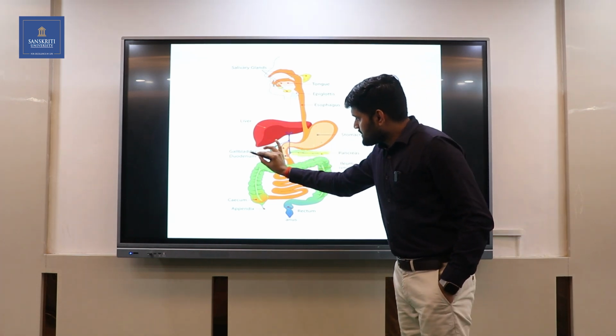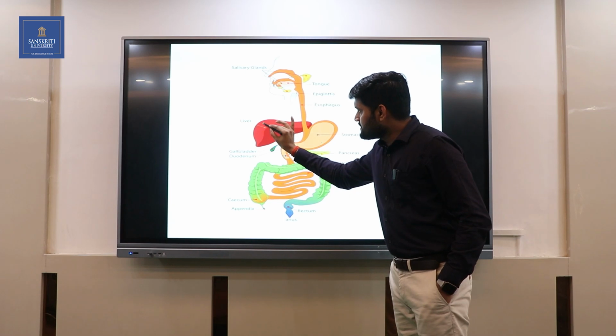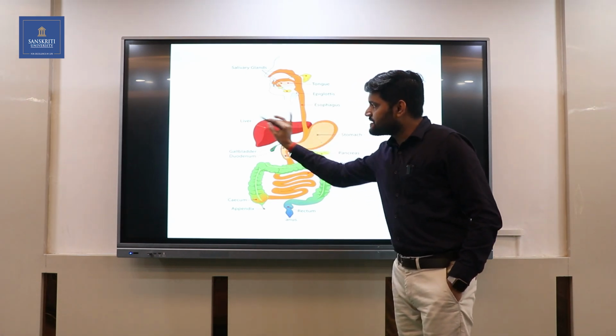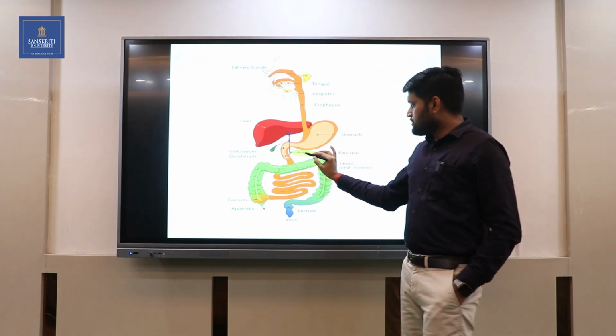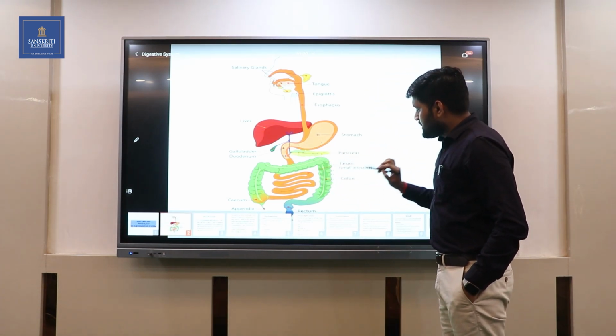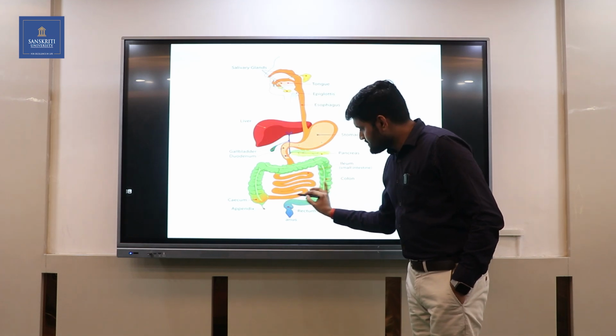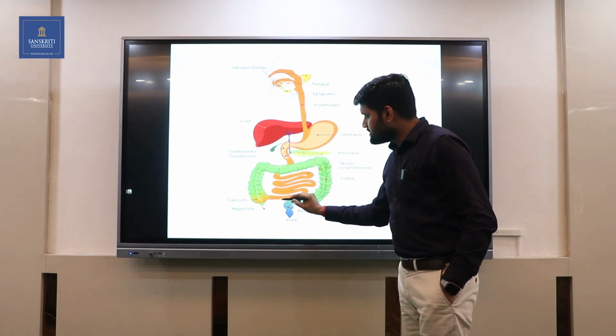This is the gallbladder, green color. And here the reddish patchy side is the liver. Here the pancreas. After that, orange color here is the small intestine.